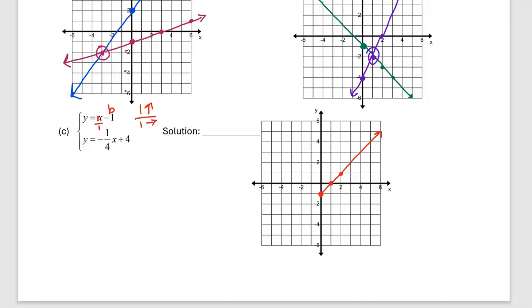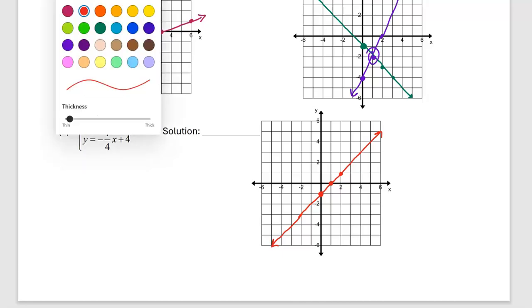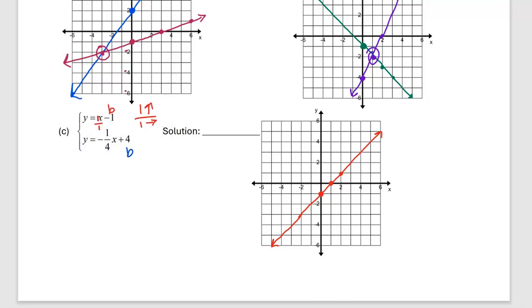And use your ruler to get a straight line. And then our second one, we're going to begin at 4. This negative is in front, so I'm going to go ahead and give the negative to the top number. We don't give it to both, but we give it to one of them. So now I'm going to go down 1 and right 4.